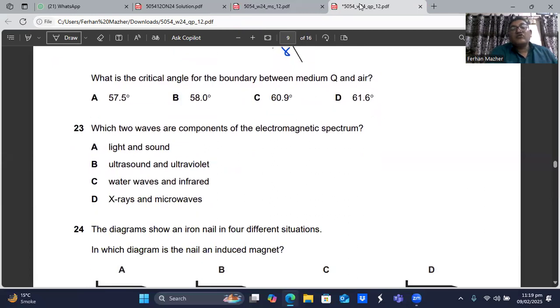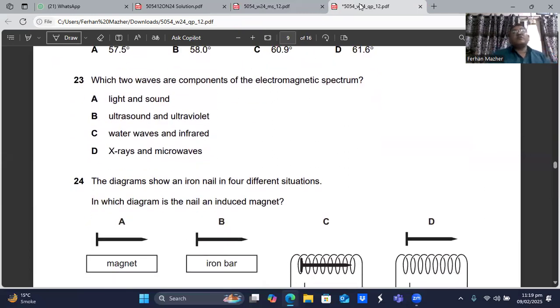Then we have question number 23 coming up on your screen. Which two waves are components of the electromagnetic spectrum? Light and sound. You know, light is a component of the electromagnetic spectrum, but sound is not. Ultrasound and ultraviolet. Ultraviolet is part of the electromagnetic spectrum, but ultrasound is not.